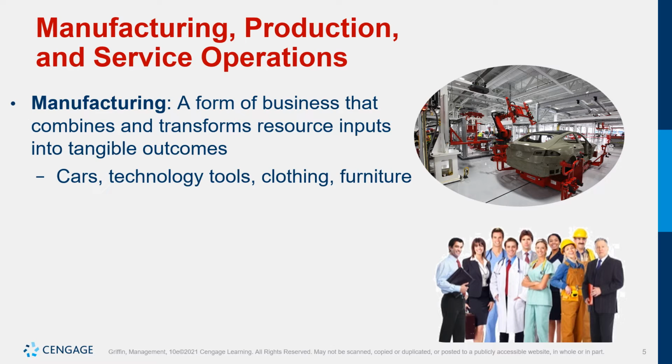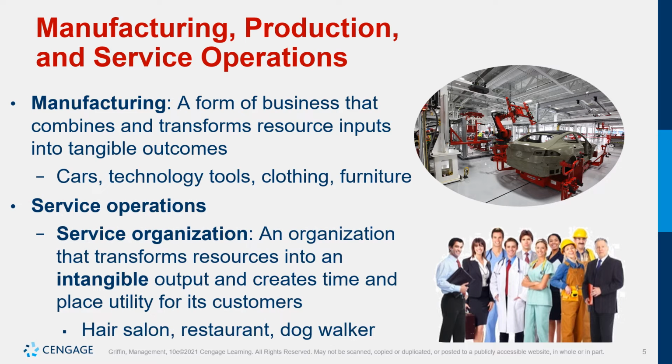A service organization is one that transforms resources into an intangible output and creates time or place utility for its customers. Service is intangible. You cannot see it before it is utilized or consumed.